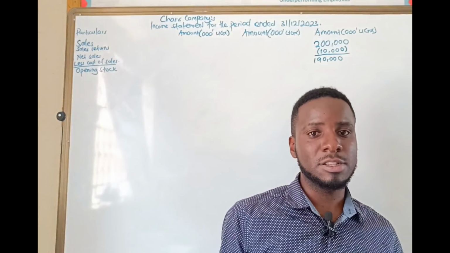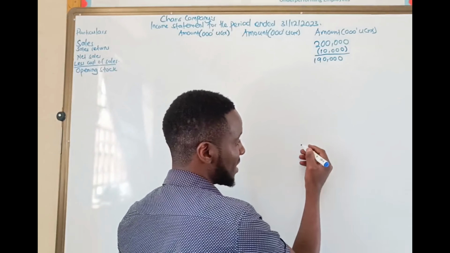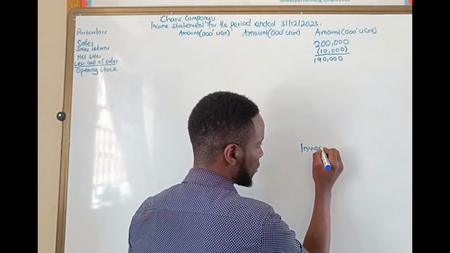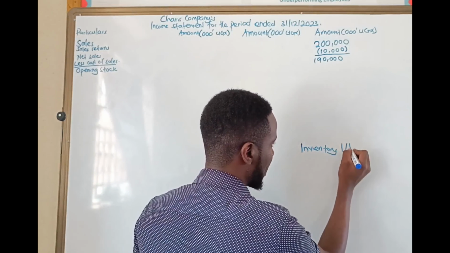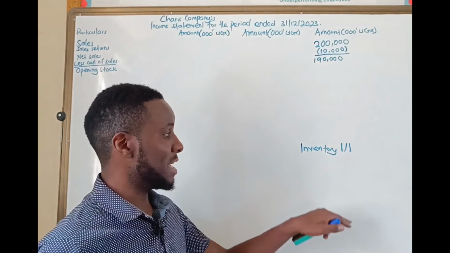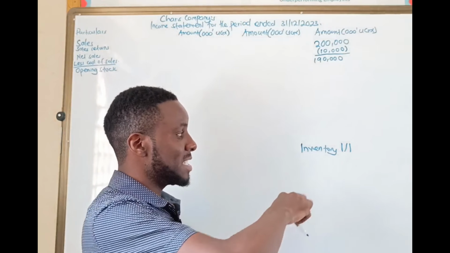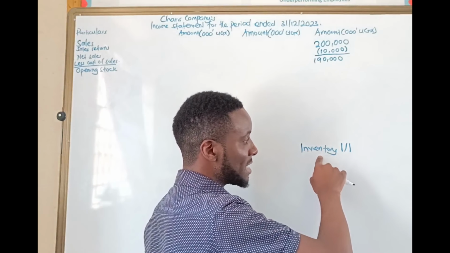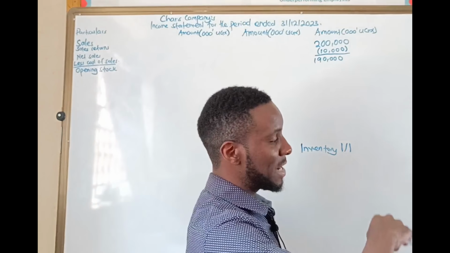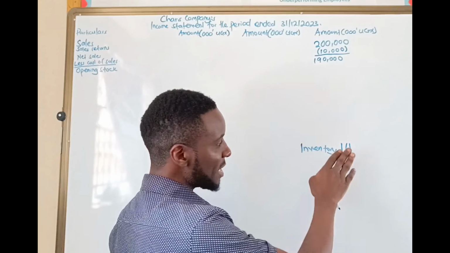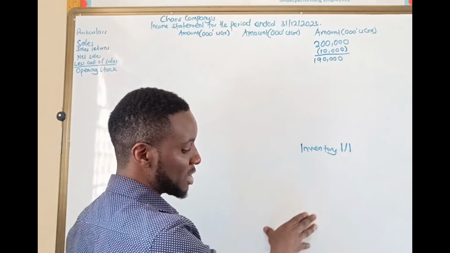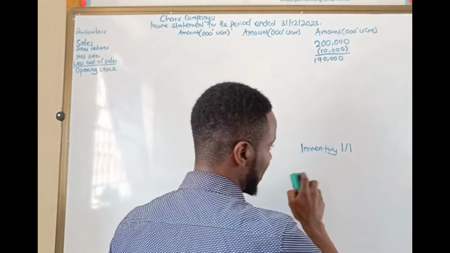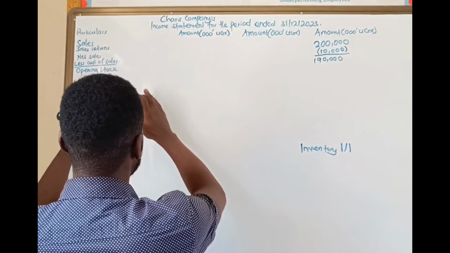Sometimes they might not tell you that it's opening stock. Sometimes they might just indicate like this, inventory 11. If they give it to you like this, it means this is opening stock, or this is stock as at 1st January.